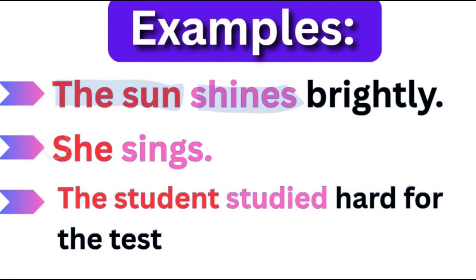She sings. Here, she is the subject and sings is the verb. The student studied hard for the test. Here, the student is the subject and studied is the verb. All of these sentences express complete thoughts on their own, so they are independent clauses.